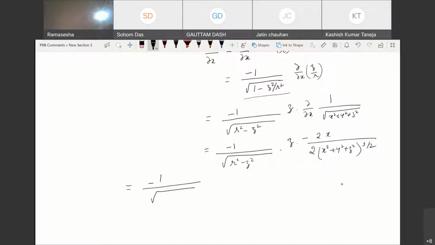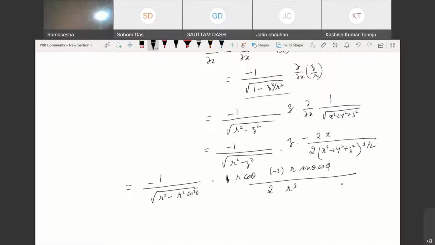And z, okay, and on the top, and then I have just 2 into r sine theta cos phi divided by 2 times x squared plus y squared plus z squared to the power 3 by 2, which is r cubed.